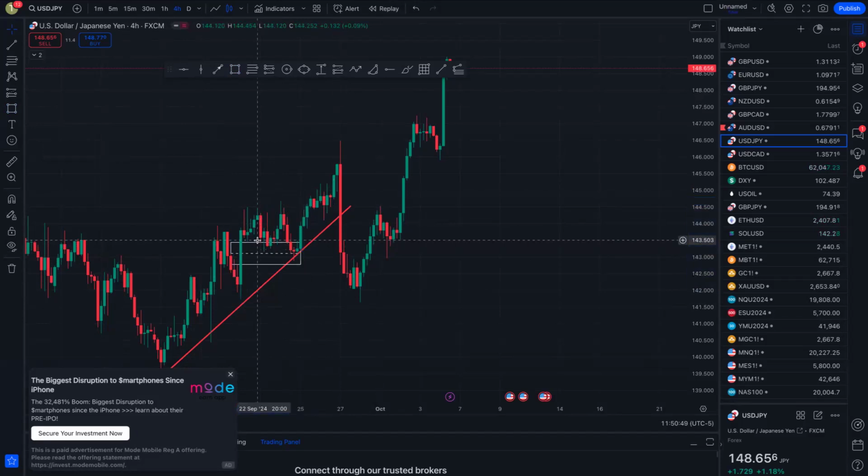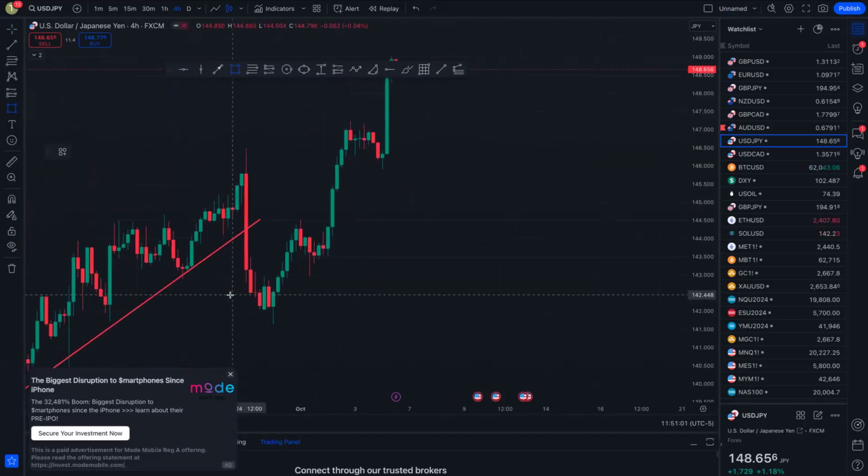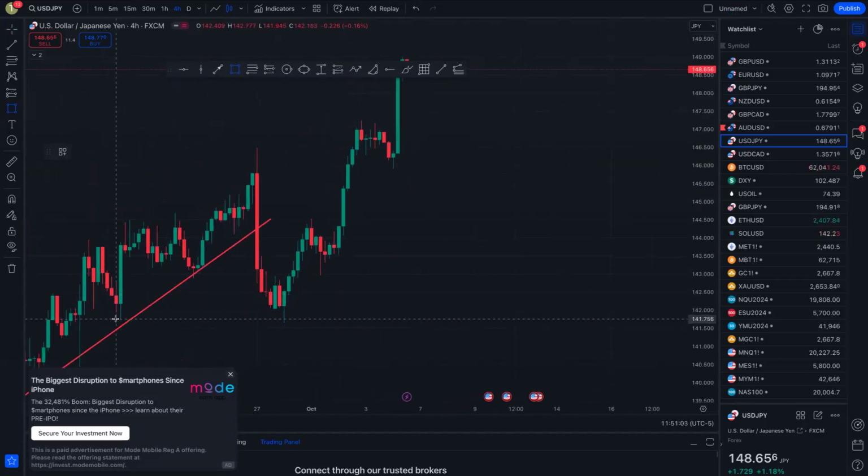If you want to start actually getting into the markets yourself, the easiest way I can tell you to do that is start by drawing a box for your range. Find your range, and then draw your area of zones, whatever zones you want to look at.